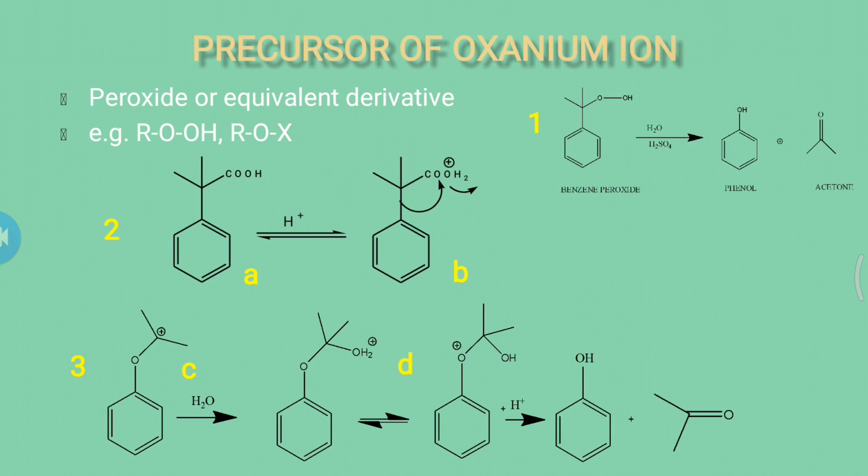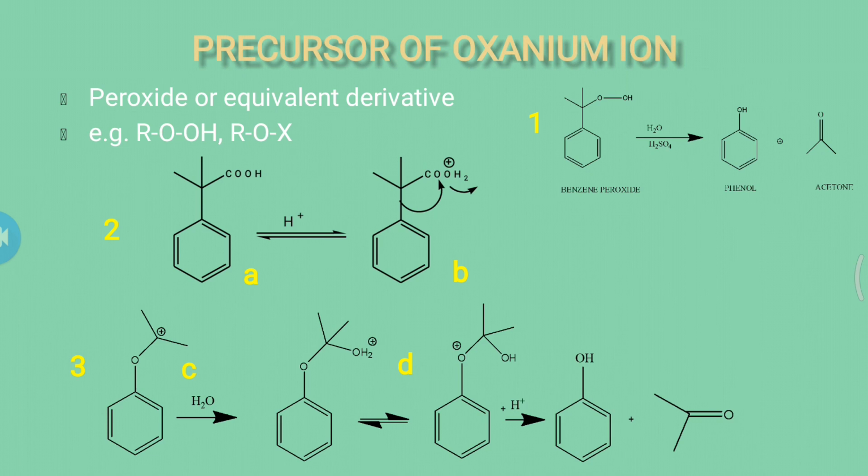In the first reaction, cumene peroxide in the presence of H2SO4 forms phenol and acetone. Next, the peracid A reacts with H plus to form B, the oxonium ion.